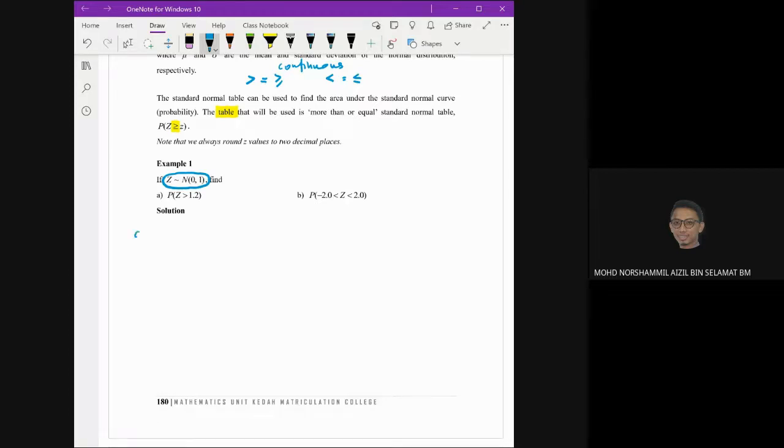So take a look at part A. Probability of Z greater than 1.2. First of all saya nak kamu faham benda ni sama je dengan probability of Z greater than or equals to 1.2. Is that okay? Boleh terima tak? Boleh sir. Okay. And then if we use a diagram, kalau kita buat diagram dia macam mana?